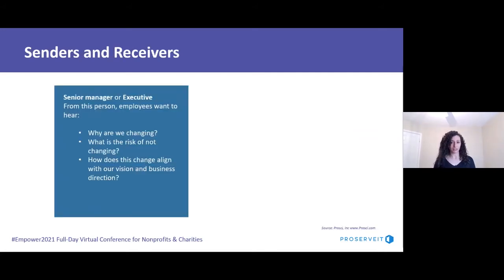For each message, for each communication going out, there is the sender and the receiver. Who will be your senders will depend on the type of the message and the receivers. Prosci, who is a global leader in change management research, did an interesting study about this topic, beginning in 1988 and continuing every 2 years.